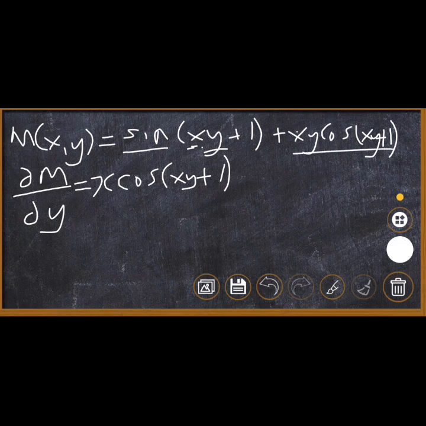Here we have two functions: a function for y and the function for the cos. We differentiate according to the product rule. When we differentiate y here, we are just going to remain with x, since the differentiation of y is just 1. So we have this cos of (xy plus 1).